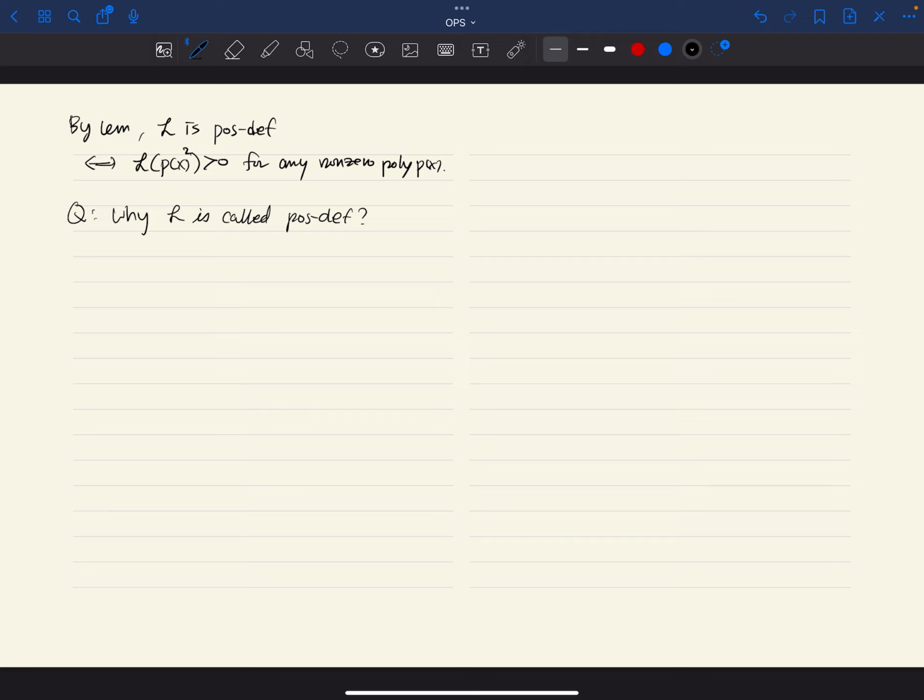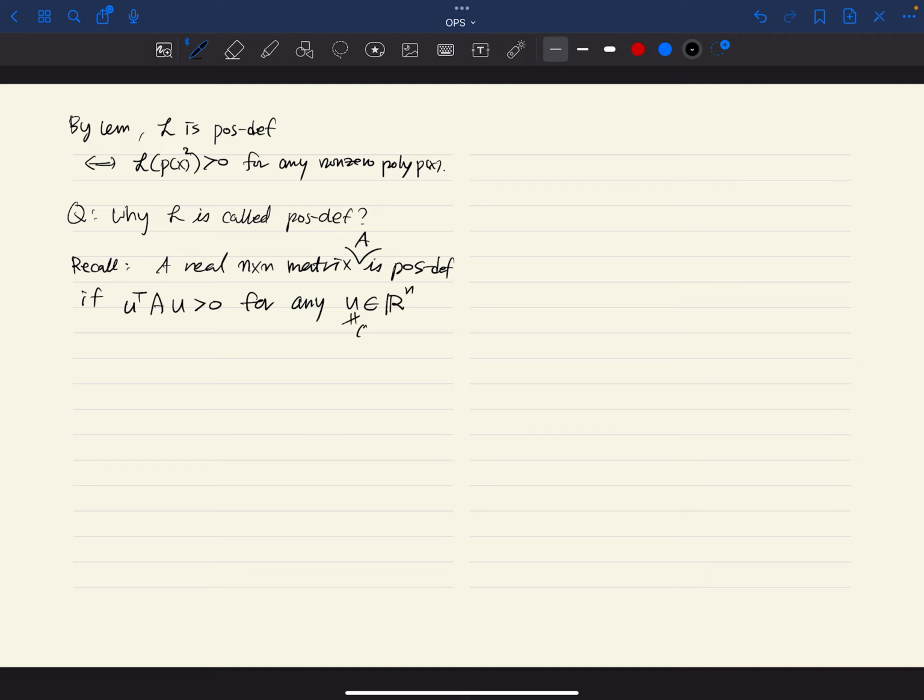And recall, a square n by n matrix, let's focus on the real case, a real n by n matrix A is called positive definite if u transpose A u is positive for any non-zero vector u in R to the n.